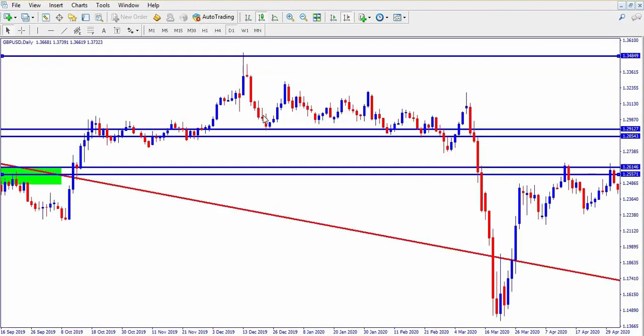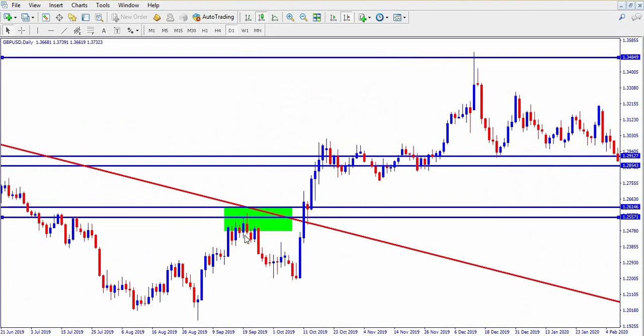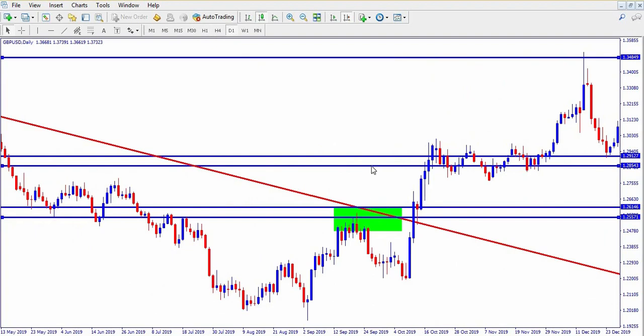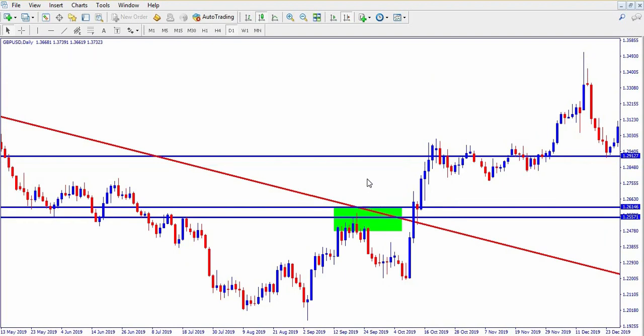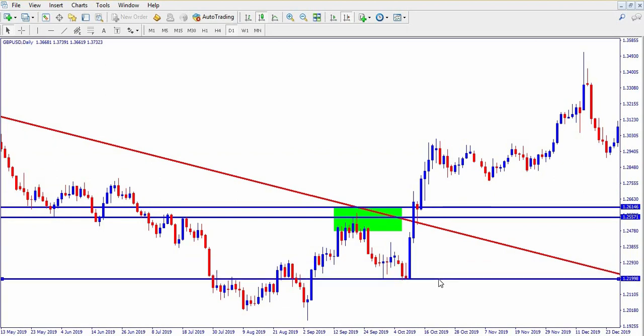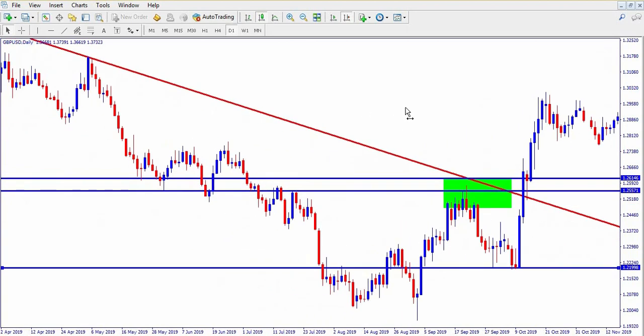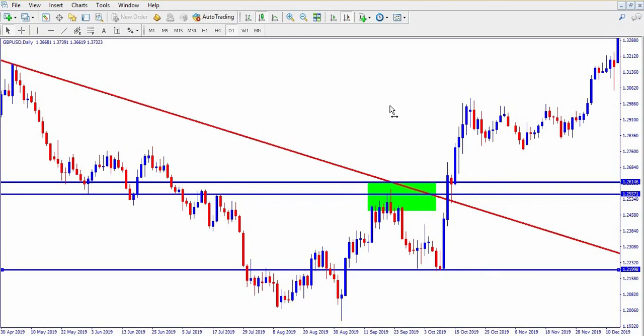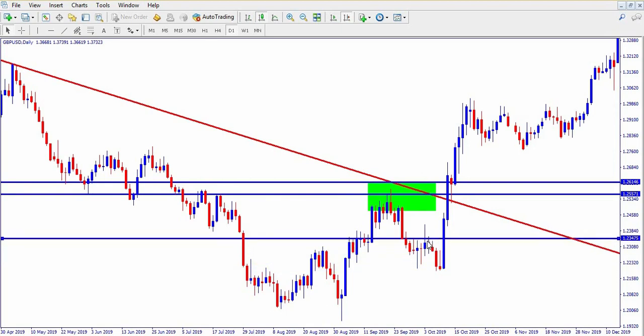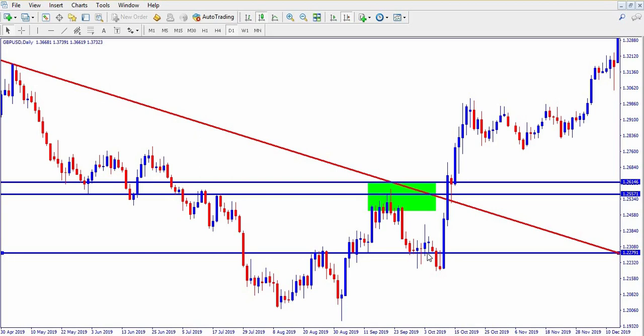And also, like I said from the previous explanation we did, my take profit would have been from the daily time frame. I would have preferred to use this point here.